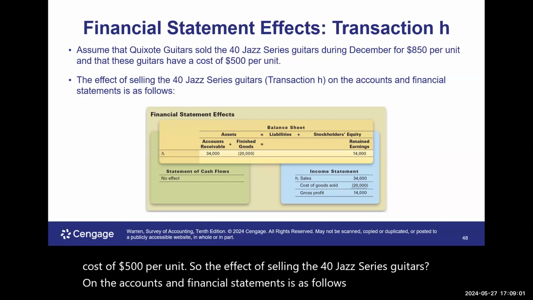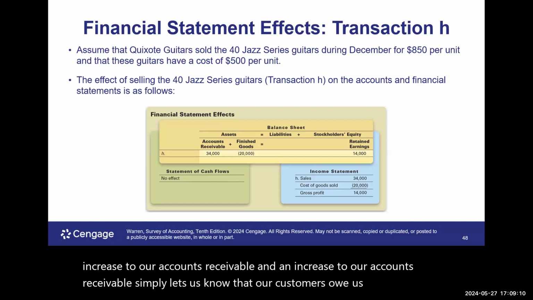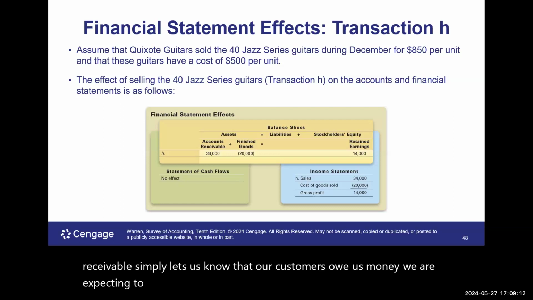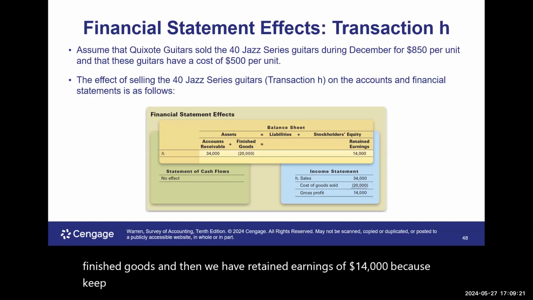So we see an increase to our accounts receivable, and an increase to our accounts receivable simply lets us know that our customers owe us money. We are expecting to receive money in the future. We have a decrease to our finished goods, and then we have retained earnings of $14,000, because keep in mind, in order to make money, we have to spend money.